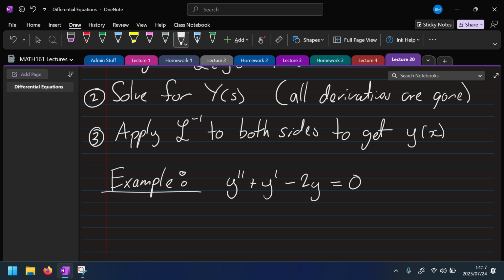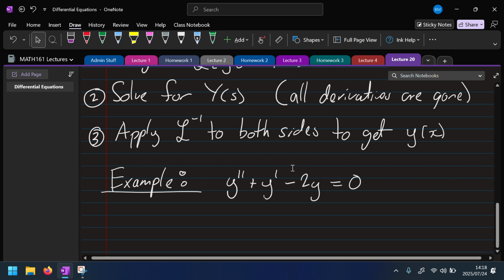Something easy here. All of the coefficients are just some numbers: 1, 1, and minus 2. And then that f of x, we're going to start off with it being 0. Later on, we can change that. We can say it's cos x or sin x or x squared or something like that. But for here, we're just going to take f to be 0.